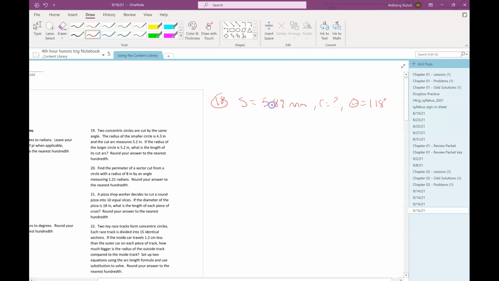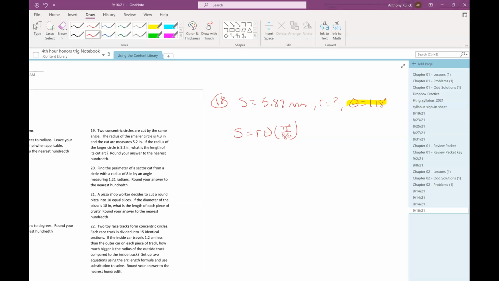So the first thing I'm going to observe is that my angle is in degrees. So the arc length formula I need to use is the arc length formula in degrees. So it has the extra pi over 180 tacked on the end.